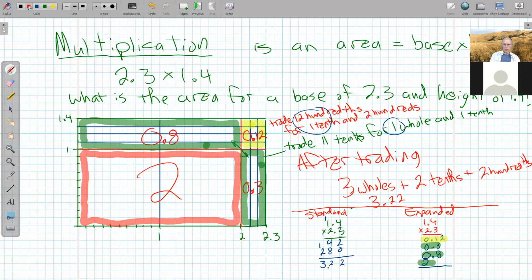Oh, I guess I'm not done. Then we have to combine all of this: 8, 9, 10, 11, 12, carry 1, plus 2 is 3, decimal point lines up. And so the carries happened here and here, because that used up more than one place, that's a carry. So the trades correspond to carrying.